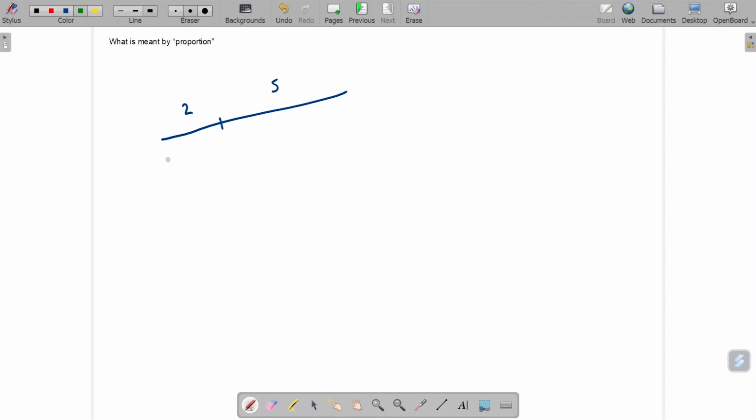If I knew that this entire thing was 70 centimeters long, I'd be able to calculate that this portion is 2 pieces of the entire length, and the other piece is 5 pieces of the entire length. That means the left-hand piece is 2/7 of the 70 centimeters, and the right-hand piece is 5/7 of the 70 centimeters.